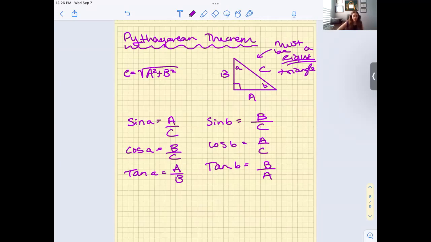If you're feeling pretty rusty, I would strongly suggest you do some review problems. There's basically a trig math review in the back of your book.